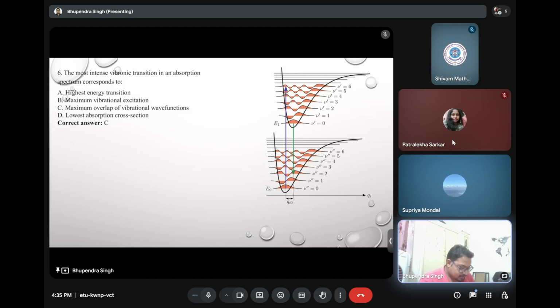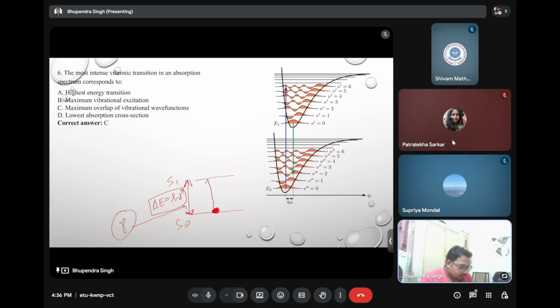Nuclear position. This is the molecule, and this is the energy gap. Let's say this is S0, this is S1, and the gap between these two is delta E equal to h nu. So that frequency you are giving here, and this molecule will go to the excited state here.